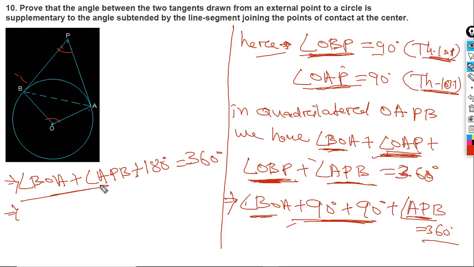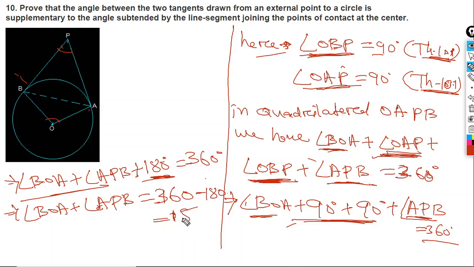Implies angle BOA plus angle APB equals 360 minus 180, transposing this 180 to here, equals 180 degrees. So we got angle BOA plus APB. Look at it, this angle BOA plus this angle APB is equal to 180.